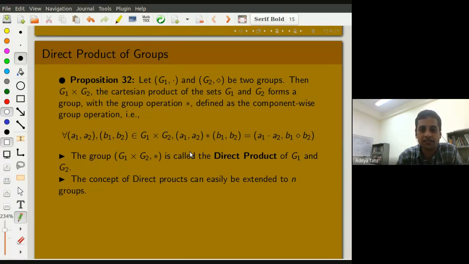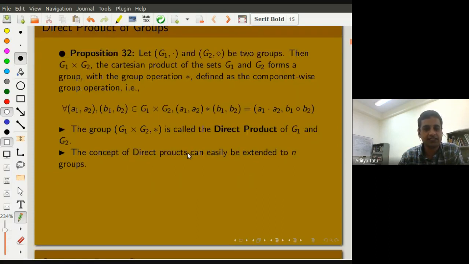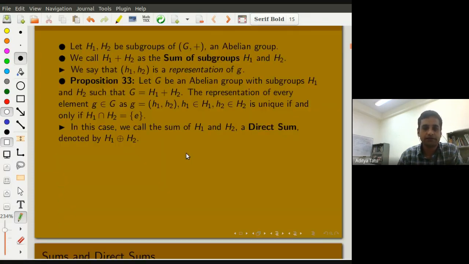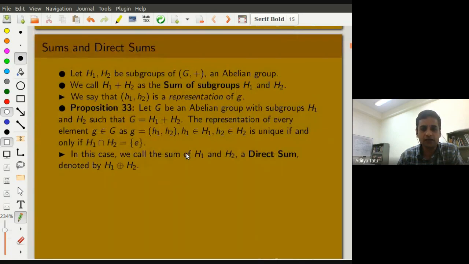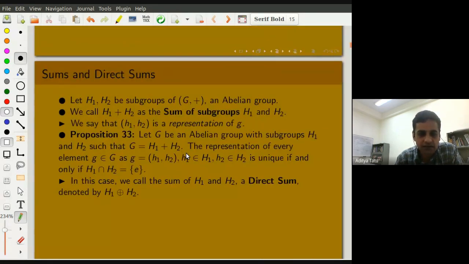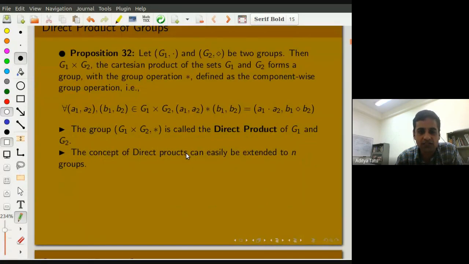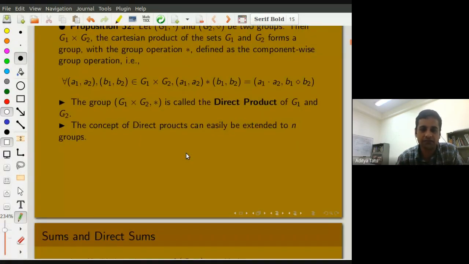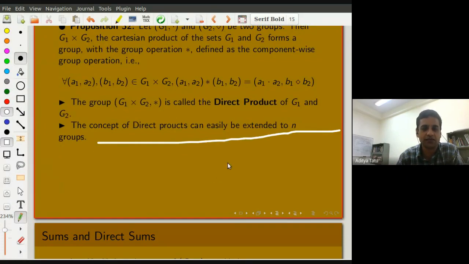The Cartesian product of the groups, which is itself a group, will be called the direct product. And you can extend this to n groups. I have not written it over here, it comes later, but I think we did this. Extension to n groups.